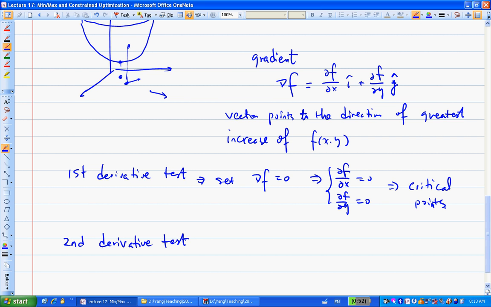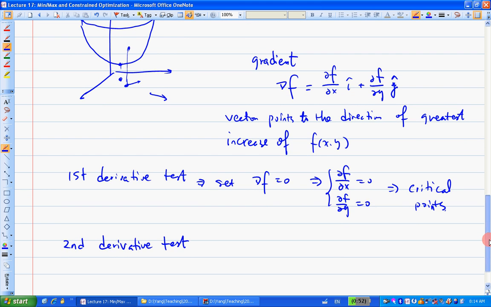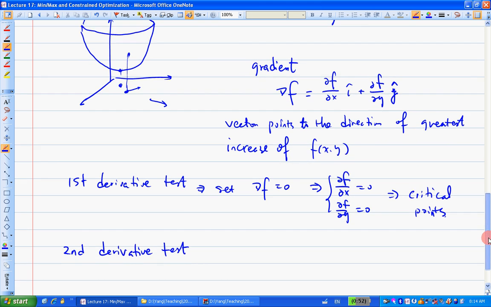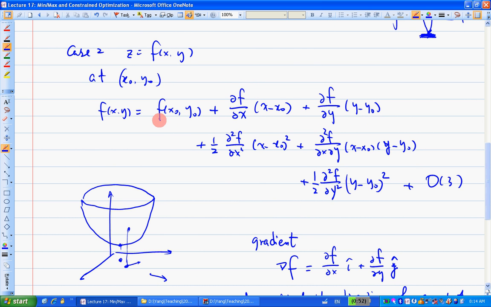So what's the second derivative test for a function of two variables? This has to be explained by coming back to the Taylor series. When you do the first derivative test, set it to 0 and find critical points, let's say x0, y0 is your critical point. Then the partial derivatives here and here are 0 at the x0, y0 location.